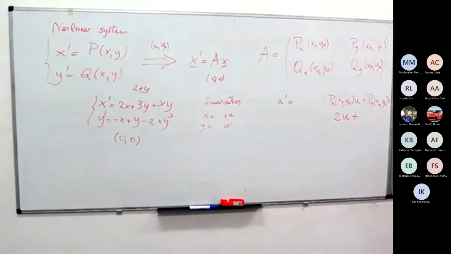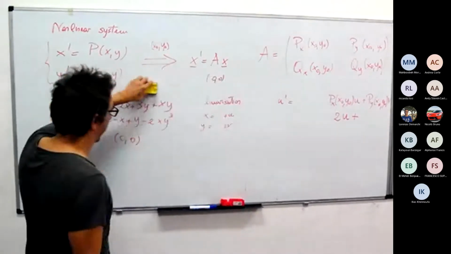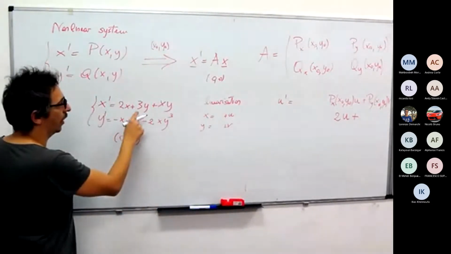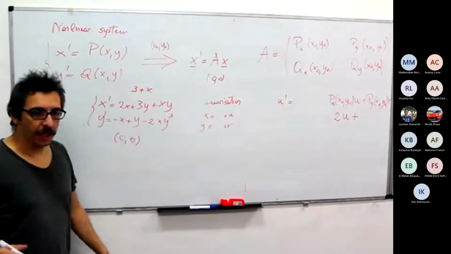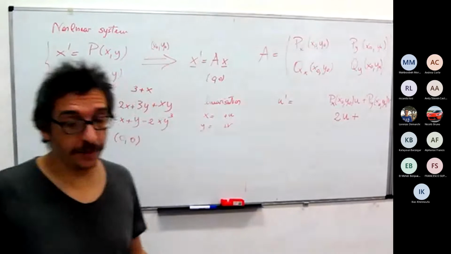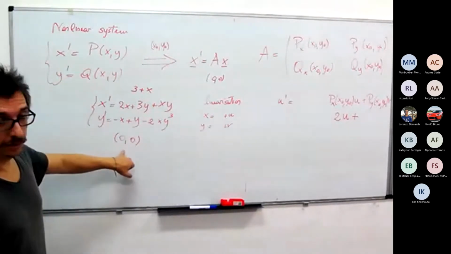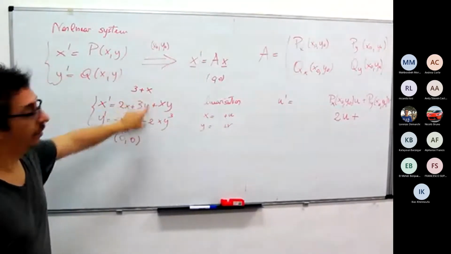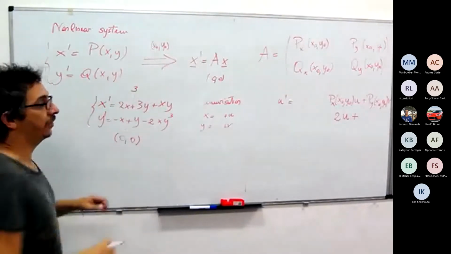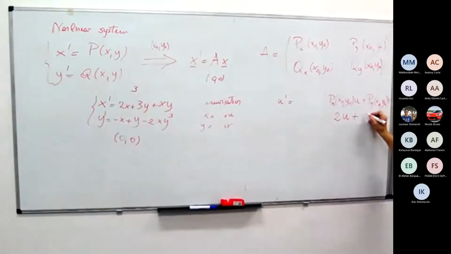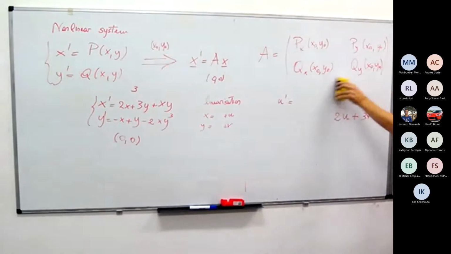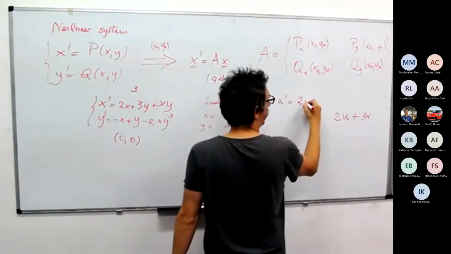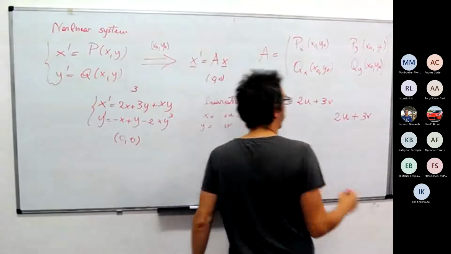And then I have the partial derivative of p with respect to y, which gives me 3 plus x. Again, I have to evaluate this derivative in 0, 0. So x is going to be equal to 0. So I have 3. So this guy here is 3v. So I can rewrite all these things here as 2u plus 3v.